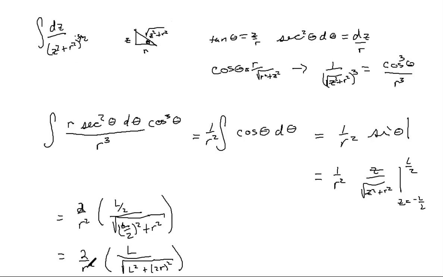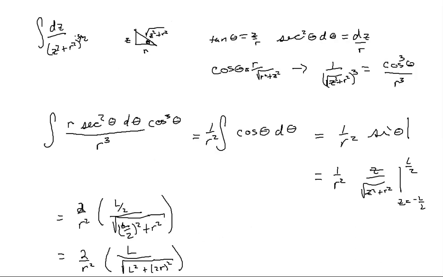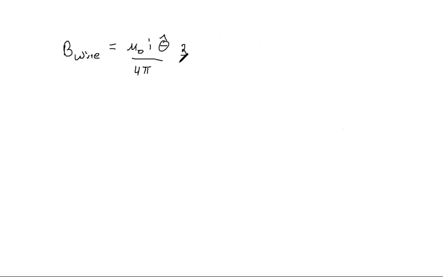So when I pull it all together, I get that the magnetic field for the wire of finite length is mu naught I theta hat, this is all from out front, over 4 pi, and if you're keeping track of factors of r, we have a 1 over r squared here, and we had an r up in the numerator, so the net result is a 2 over r, and then I have this other stuff, which is L over the square root of L squared plus 4 r squared.